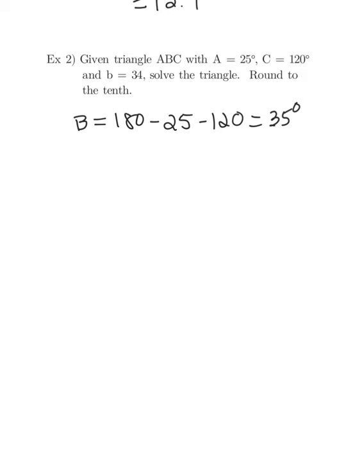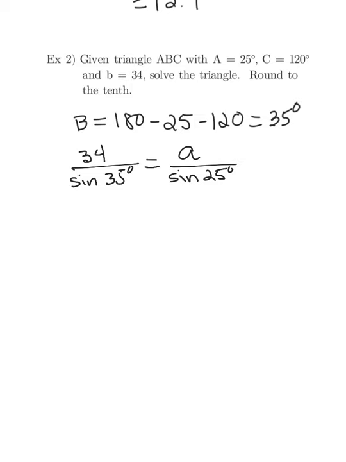Now we need to find our two missing sides, and again, I'm just going to go alphabetically. Starting out with the ratio we know, we're going to put the side B, 34, over the sine of angle B, which we just said is 35 degrees. That has to equal side A, which is what we're looking for, over the sine of angle A, which is 25 degrees.